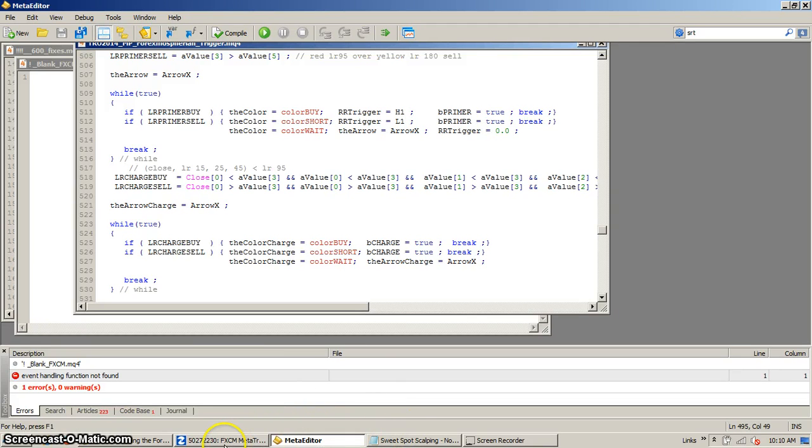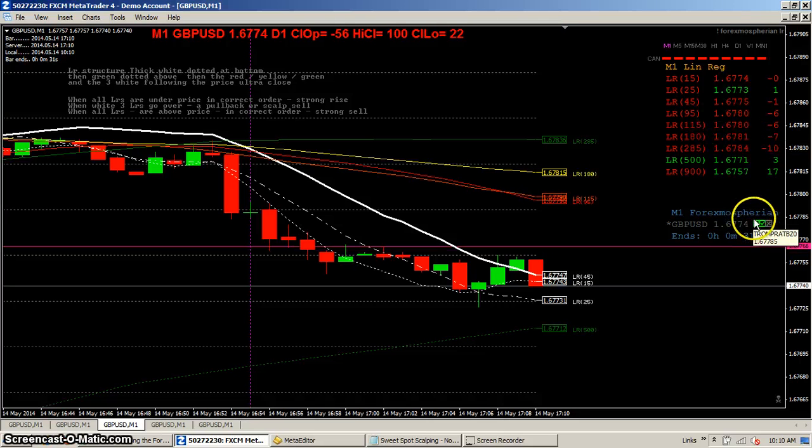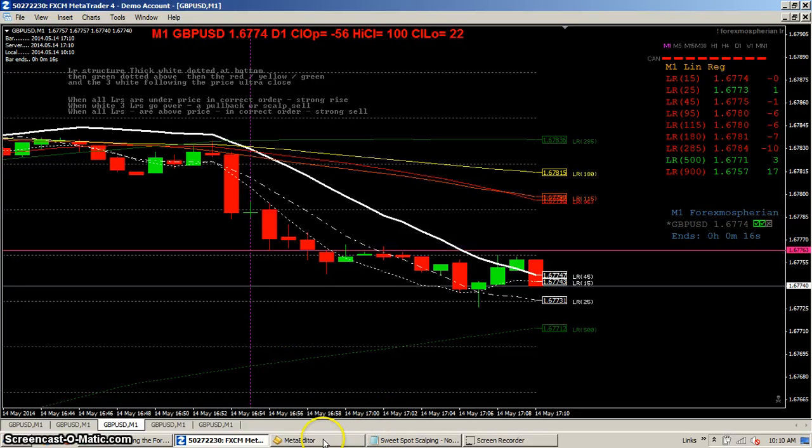You can see here these 3 are under this, so that's why we have the green checks. We're getting ready to go for a long scalp. And I guess it's fortunate that this is happening live here as I'm making this video.